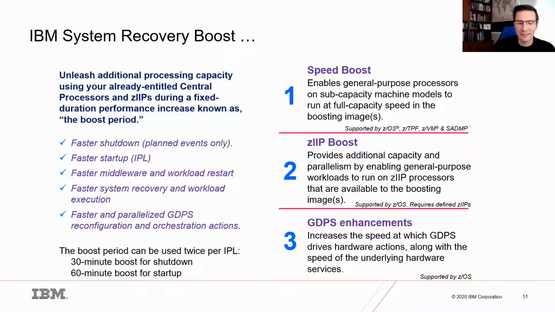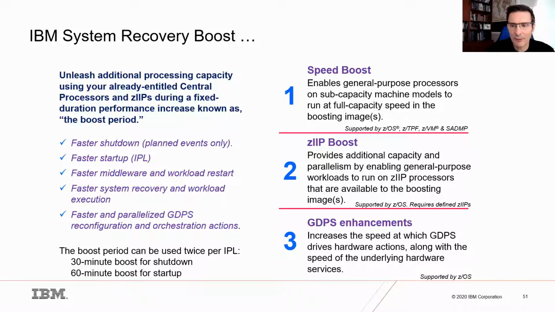This can be used once per IPL, twice if you include the shutdown and the startup as well. This really gives you a lot of capability to harness this extra horsepower that resides on your Z15.